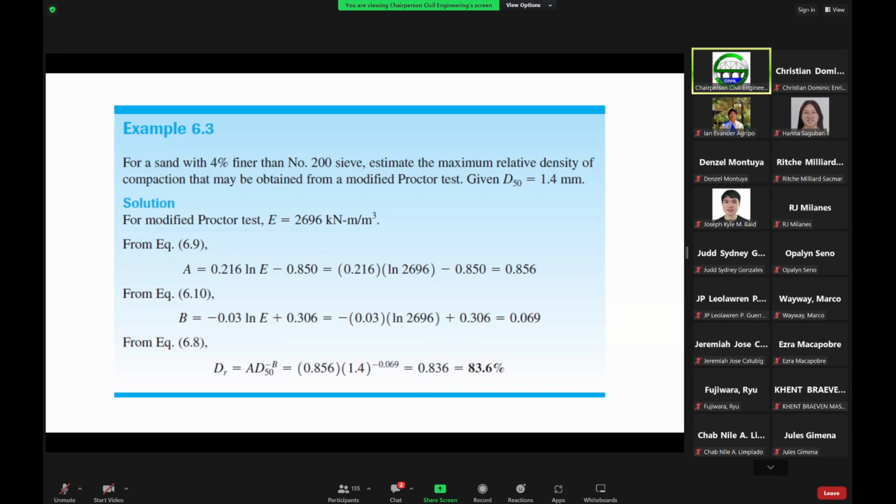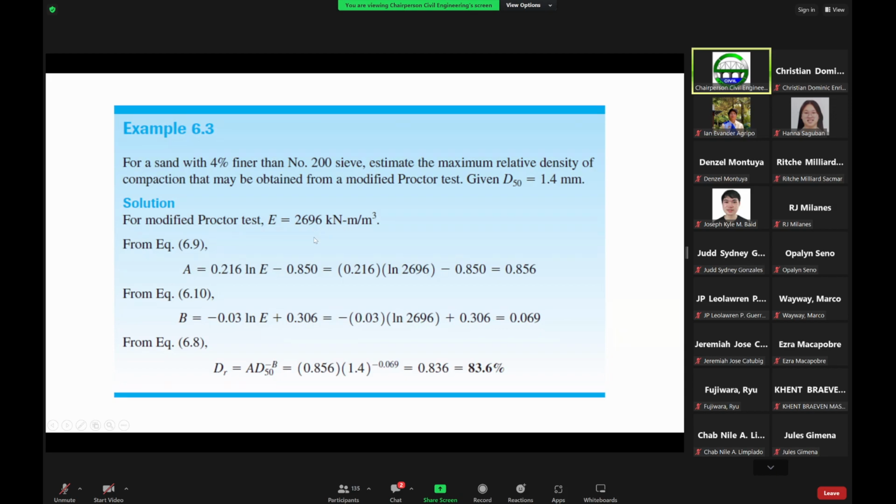So for the modified Proctor test, you have here the modified compaction energy equivalent to this one, which you can calculate yourself, actually. Using the empirical formula which we derived, or which we showed earlier, the A and B can be determined with the corresponding compaction energy.